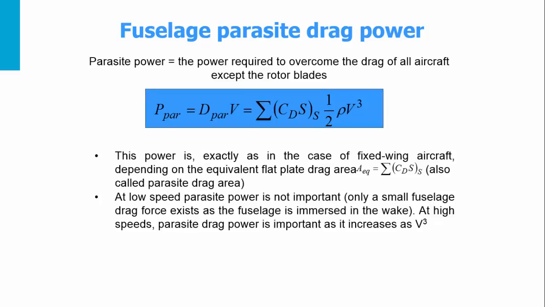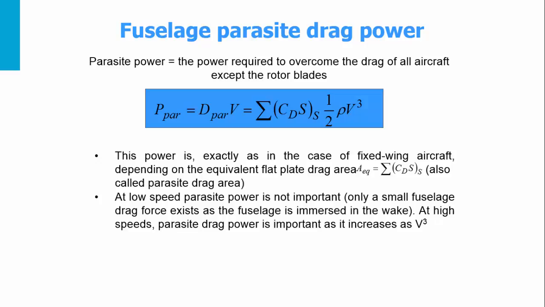Next, let's calculate the fuselage parasite drag power. The parasite drag power is the power required to overcome the drag of all aircraft except the rotor blades. As any power, it is the drag force of the fuselage multiplied by the velocity.